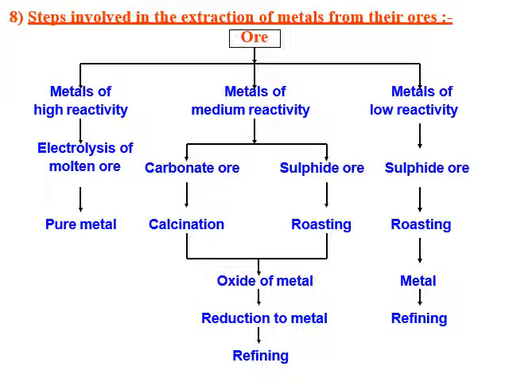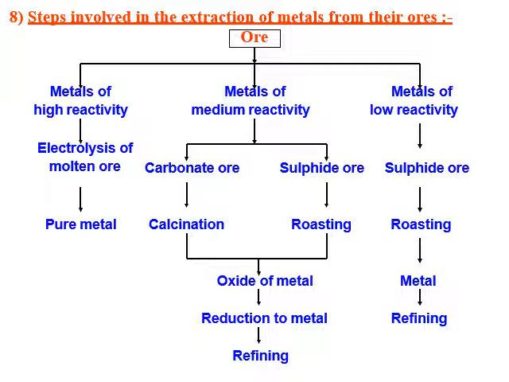Steps involved in the extraction of metals from their ores. Now, ore of the metals can fall in the metals of high reactivity. Metals of high reactivity can be extracted by electrolysis of molten ore and we get the pure metal. If the metal lies in the medium reactivity, we find carbonate ore or sulfide ore of this metal.